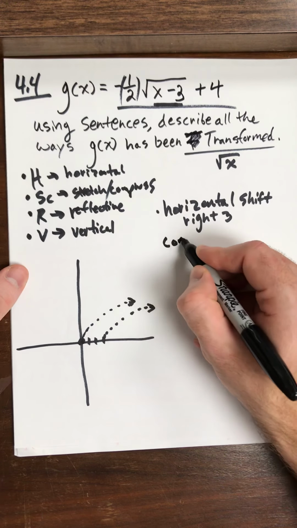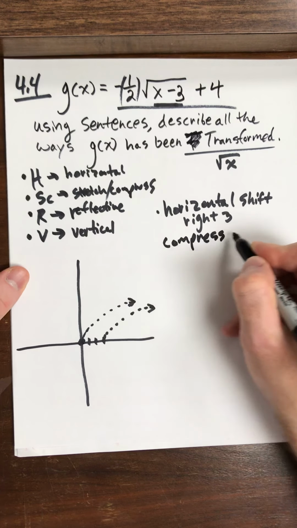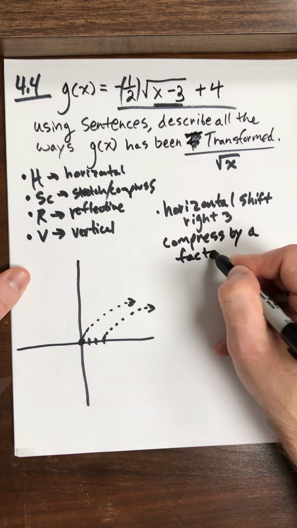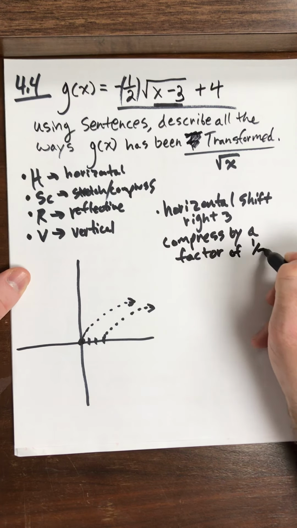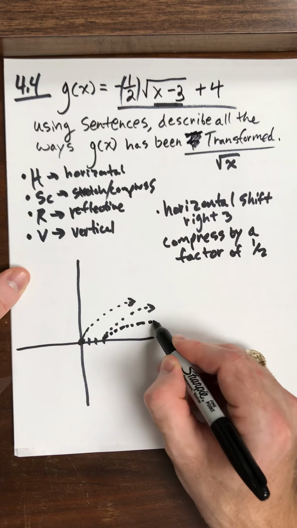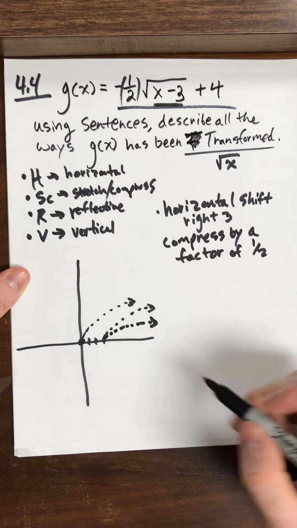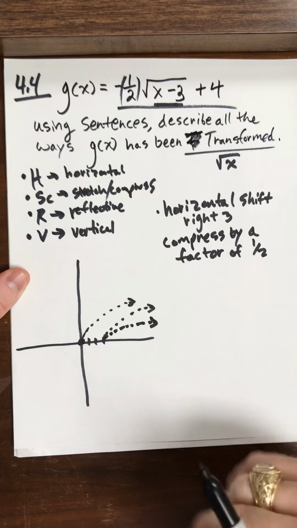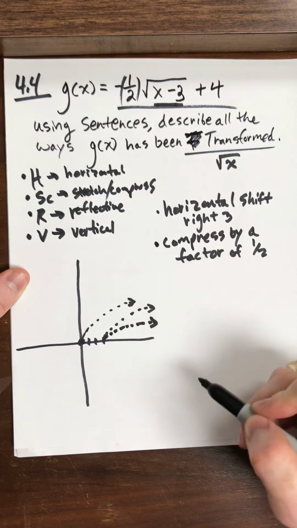So I compress by a factor of 1/2. So I literally am compressing it to make it half as tall as it used to be. So I'm flattening it out here. Okay, it's compressing. That's the second part.